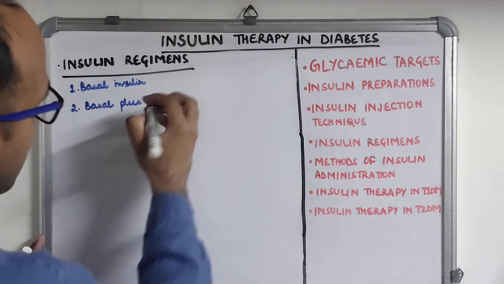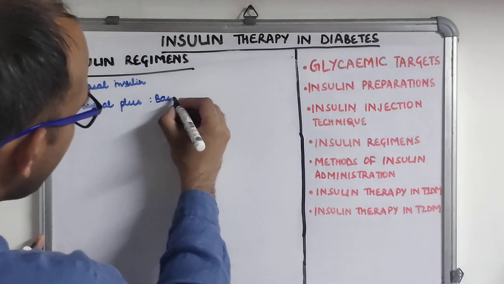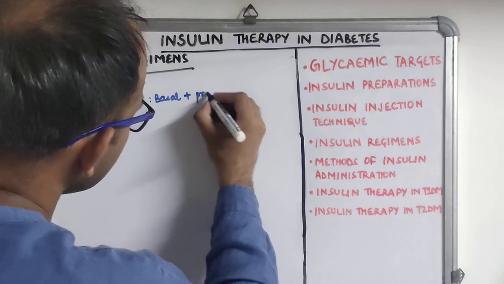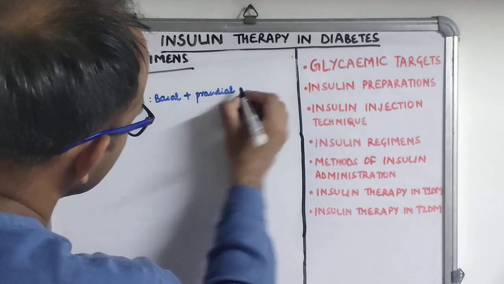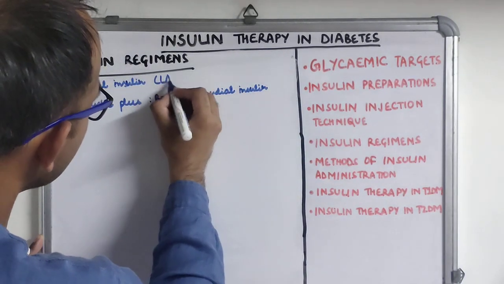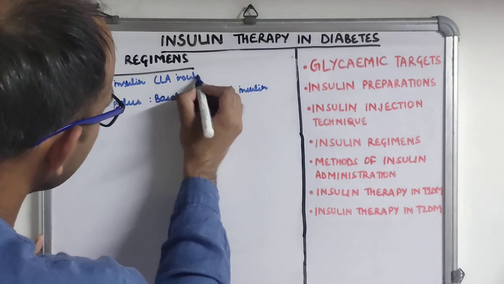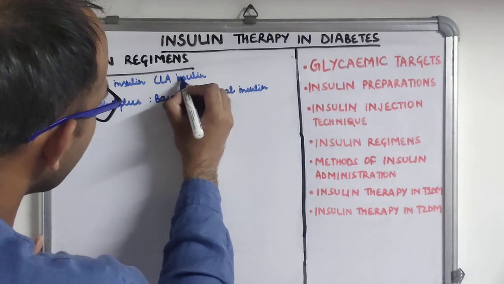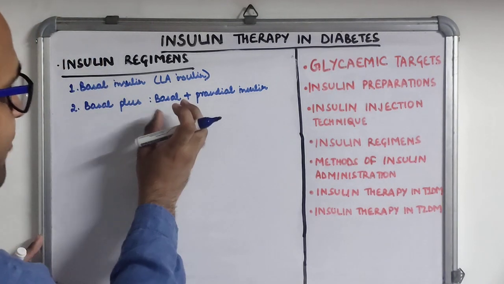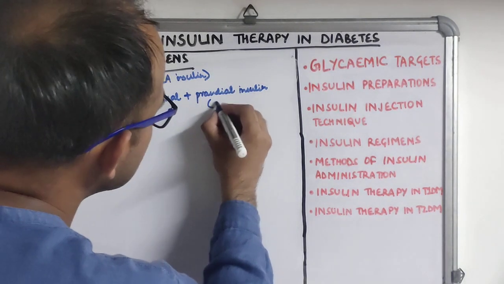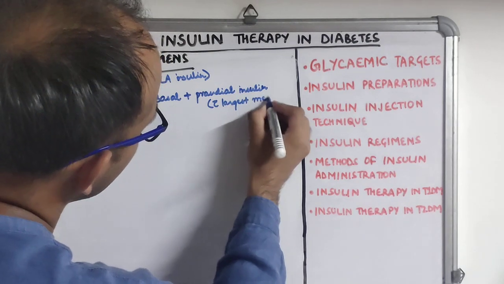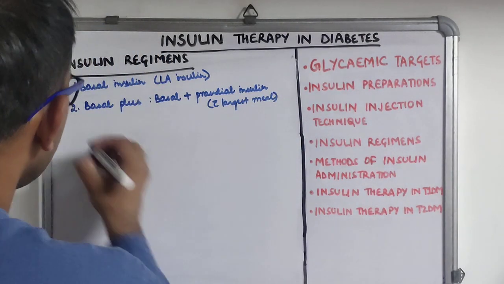In this, apart from basal insulin, we give a prandial insulin with the largest meal. So that is 2 injections a day.